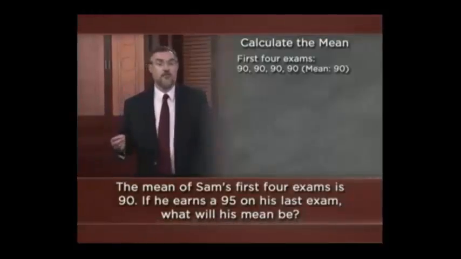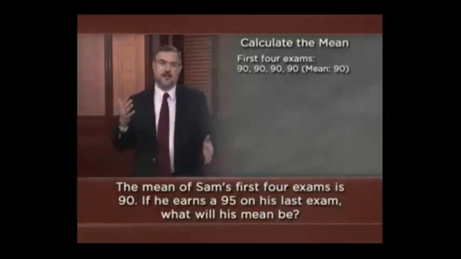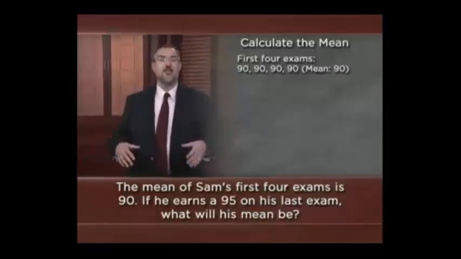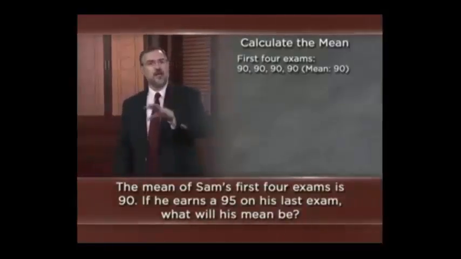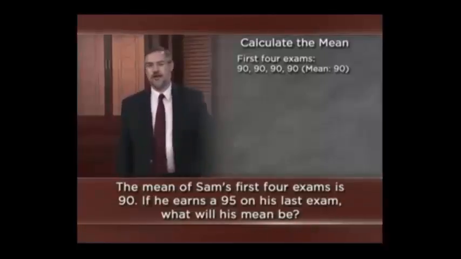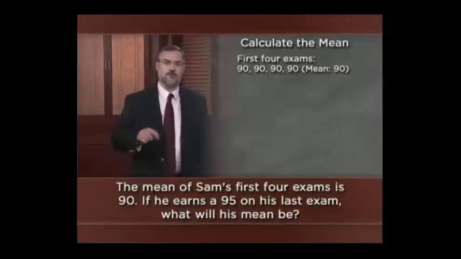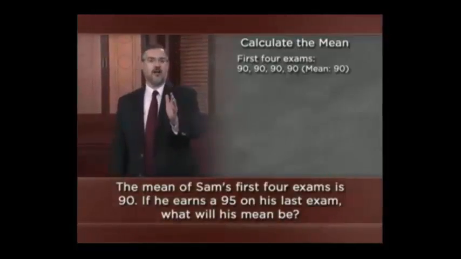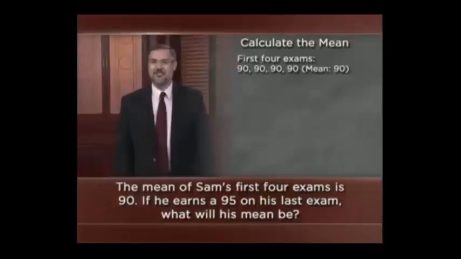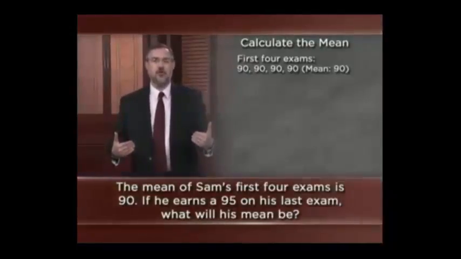Those numbers would have given him a mean of 90 on the first 4 exams, right? If he had a 90 and a 90 and a 90 and a 90, then the mean of those would be 90. And so I can make that assumption if all you want me to calculate is the mean. So let's use those 4 numbers, 90, 90, 90, and 90, along with this 95 that hopefully he's going to get on that 5th exam to see what his new exam mean would be.